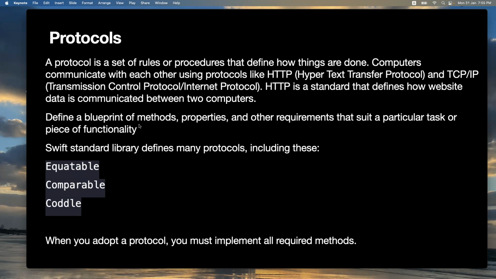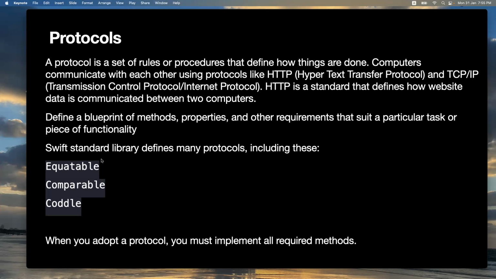So what is it? It's a blueprint of methods, properties, and other requirements that suits a particular task or piece of functionality, so you can enforce this functionality. So you say, okay, if something adheres to this protocol, I want to make sure that they implement the following functions, all right? We will cover 3 protocols.